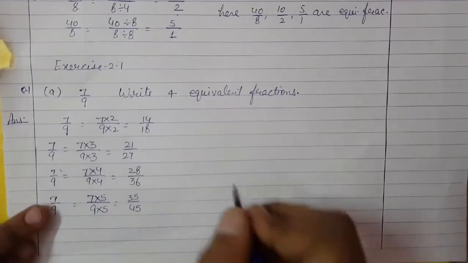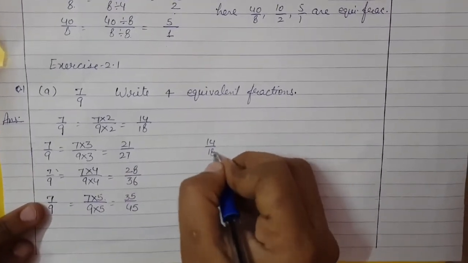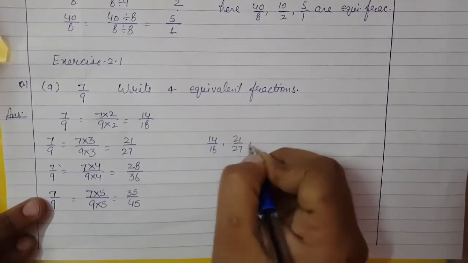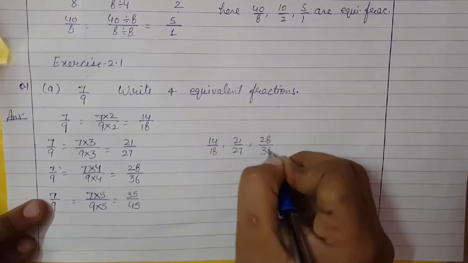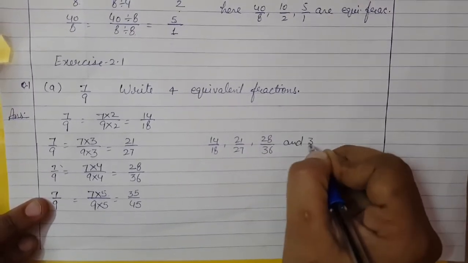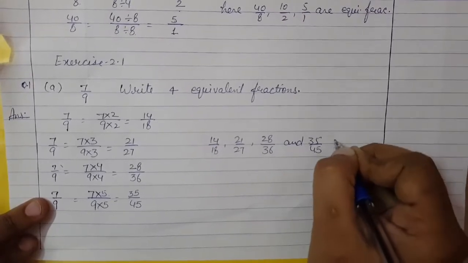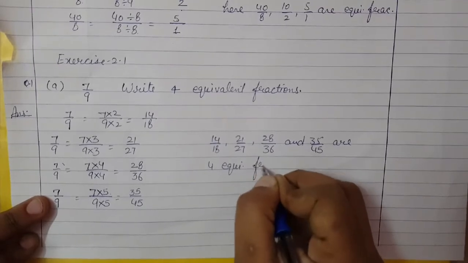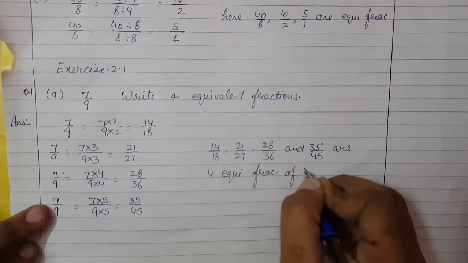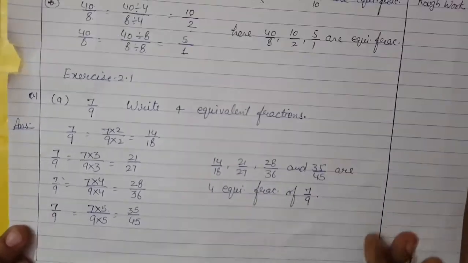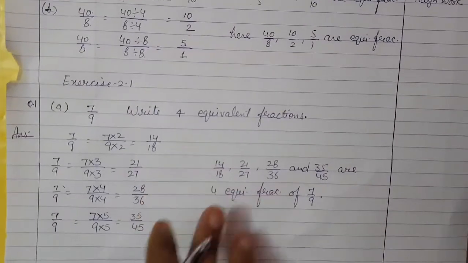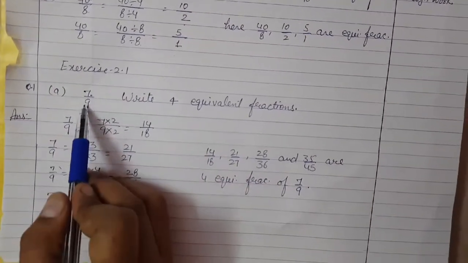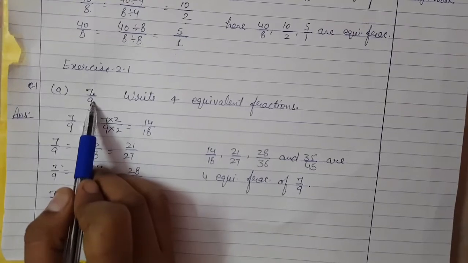So these all, 14 upon 18, 21 upon 27, 28 upon 36 and 35 upon 45, are 4 equivalent fractions of 7 upon 9. So you can find equivalent fractions by multiplying same number with the numerator and denominator of the given fraction.